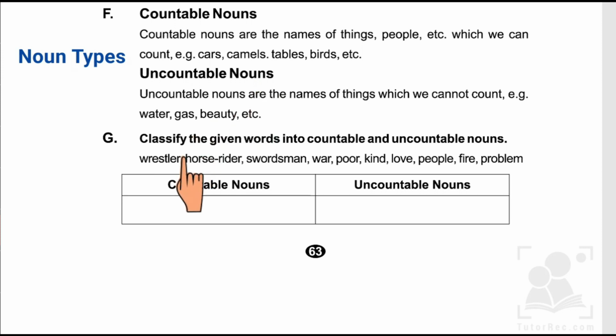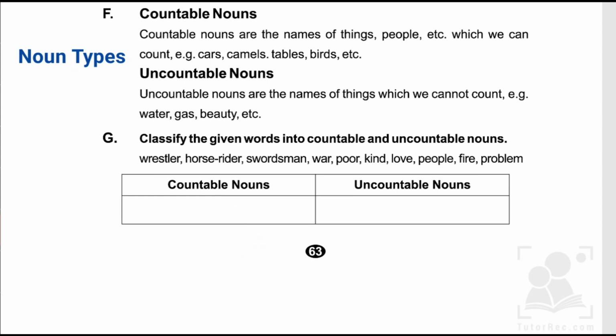Let's look at what this exercise says. It says classify the given words into countable and uncountable nouns. Now we have been given two boxes and we are supposed to put these words or nouns according to the categories we learned.